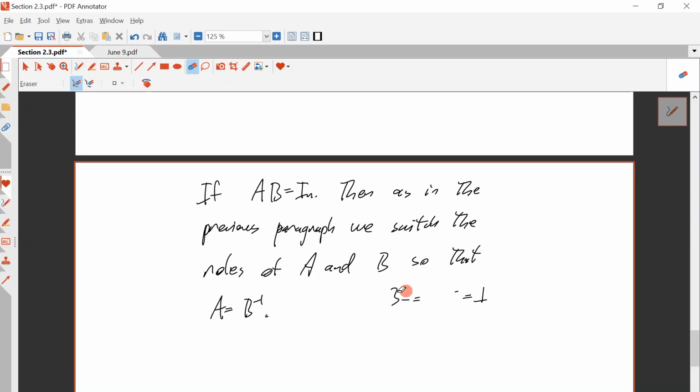Actually, I don't need to do that. So that A equals B inverse.